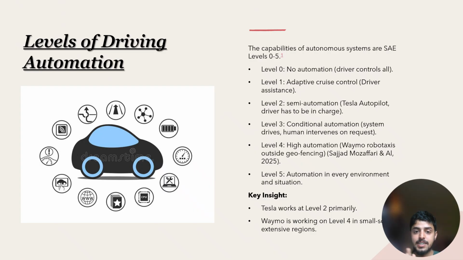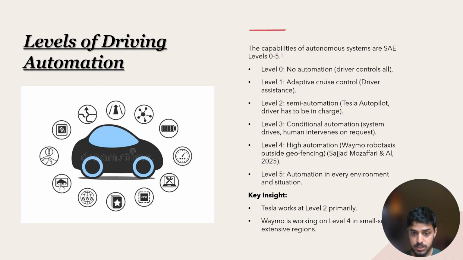Let's go to slide 3, the level of autonomy. The SAE model defines six levels of driving automation. Level 0 means no automation, while level 1 and 2 support the driver with the feature like cruise control and steering assist. Tesla currently operate at level 2, where the system can assist but still require human supervision.